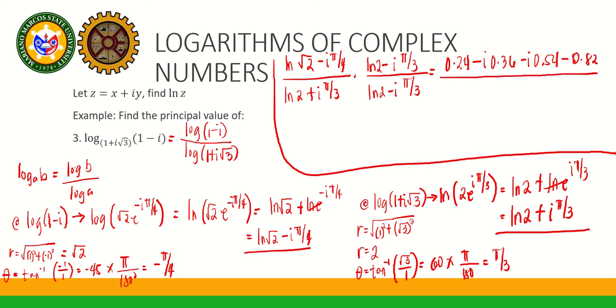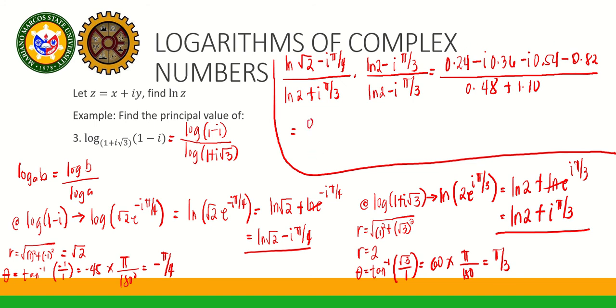And then this will be equal to difference of two squares. So, ln 2 squared, that is equal to 0.48. And then i pi over 3 squared, that is equal to positive 1.10. And our answer, simplifying this one, combine like terms, pagsamahin natin si real and then si imaginary.